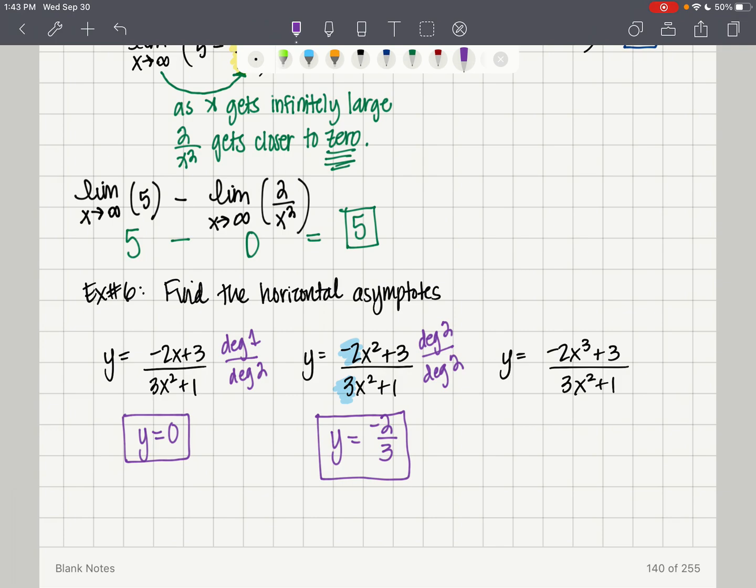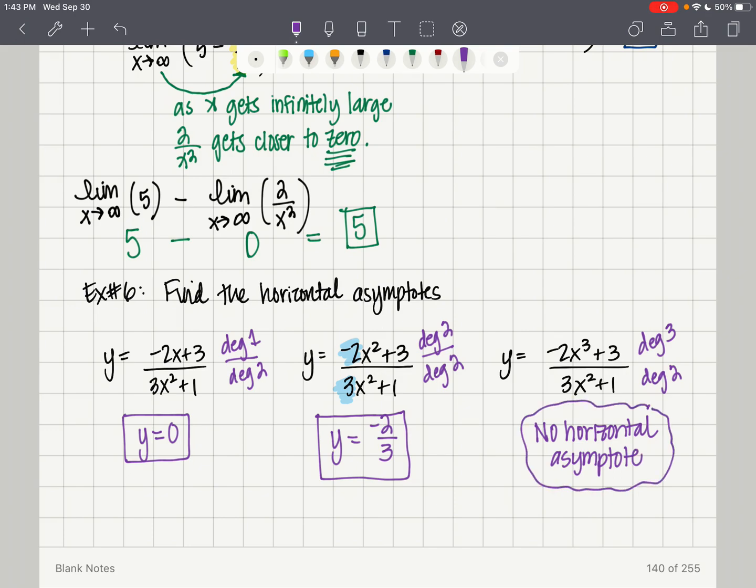And this last one, you have a degree 3 over a degree 2. This has a slant asymptote. Therefore, it doesn't have a horizontal asymptote. When the degree is larger in the numerator than it is in the denominator, you don't have a horizontal asymptote. So you'd say no horizontal asymptote on that one.